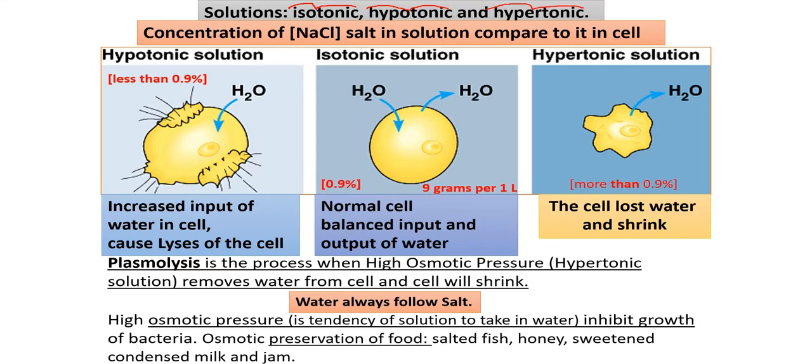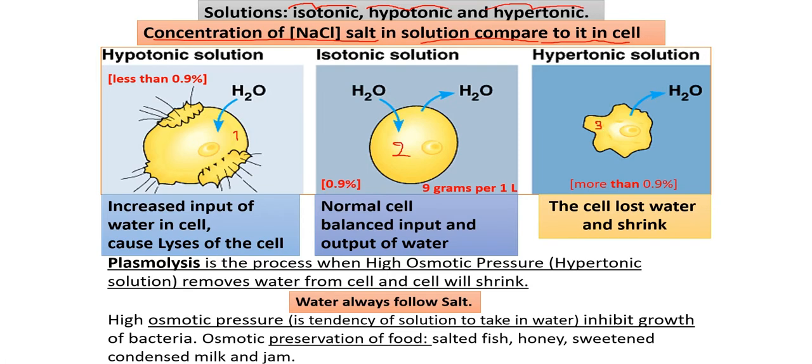Usually when we're talking about this, we're talking about the concentration of the salt in the solution compared to the cell. Here it shows different cells: cell 1, cell 2, and cell 3.